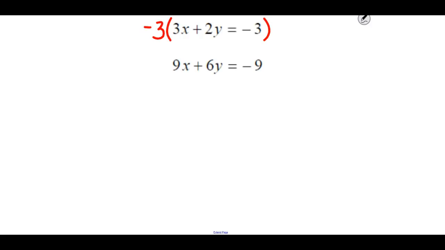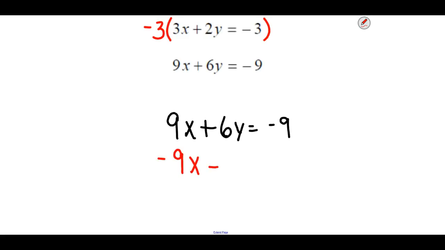So my original equation, 9x plus 6y equals negative 9, will stay. My new one that I'm going to create is going to be negative 9x minus 6y equals positive 9. Now I can go ahead and solve it.